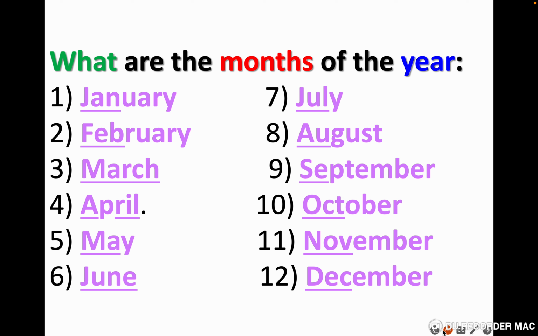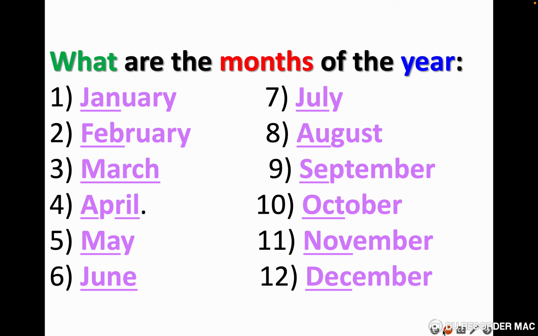The fifth month of the year is May. The sixth is June. The seventh is July. The eighth is August. The ninth is September.